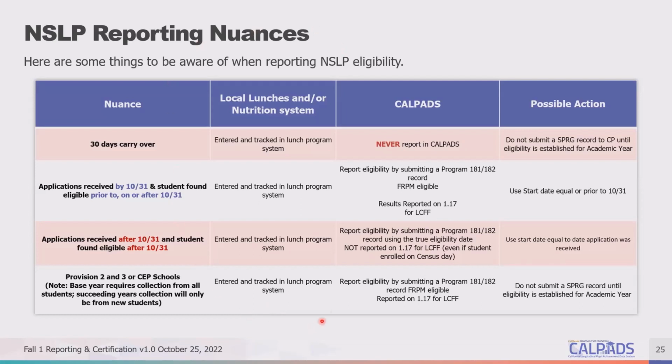This involves best practices with regards to who you should be reporting and what dates. I won't go through everything, but the only thing that you should know is that if a student was eligible last year and whose eligibility carried over to the new academic year because of that 30-day carryover, they shouldn't be reported with a 181 or 182 unless those students submitted a completed form for the income eligibility, depending on the status of that school.